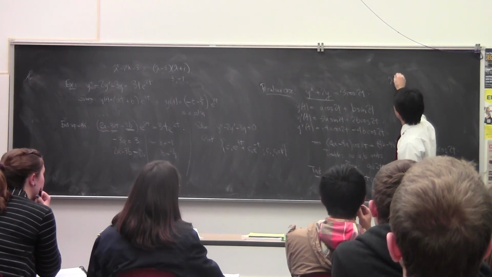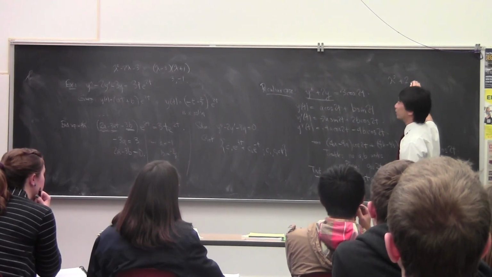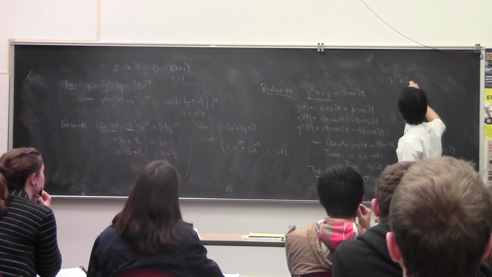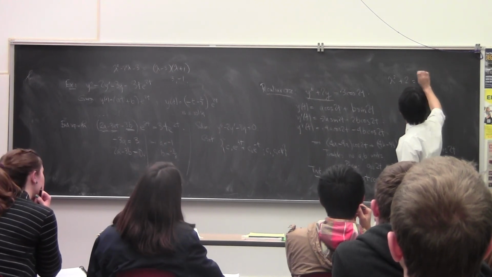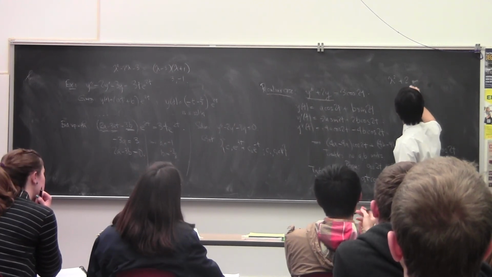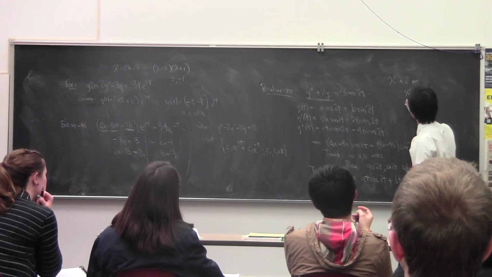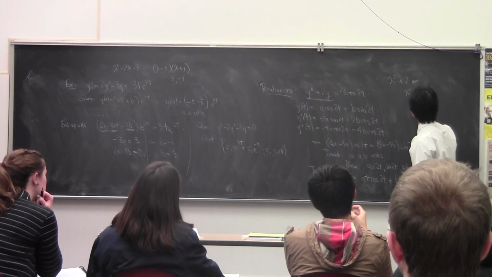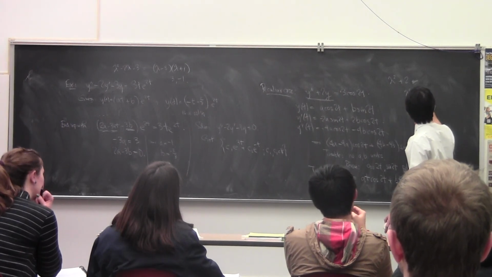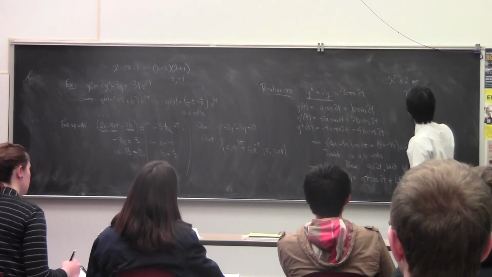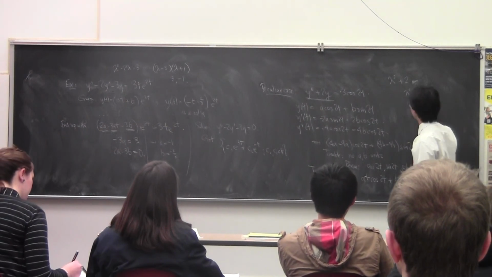We get lambda squared plus 4. So lambda is plus or minus 2i.